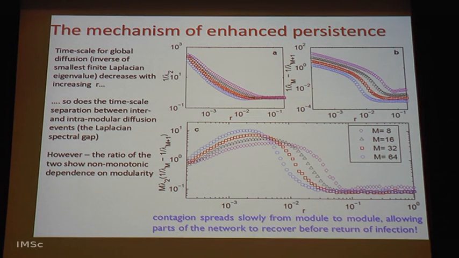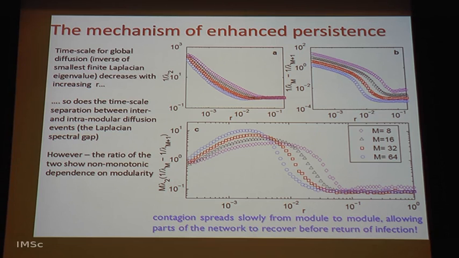So why does this community structure, the modular network, exhibit persistence? To understand the mechanism, we analyzed the Laplacian spectrum of the modular contact network. Lambda 2 is the second eigenvalue, which is greater than 0 only if the network is connected.